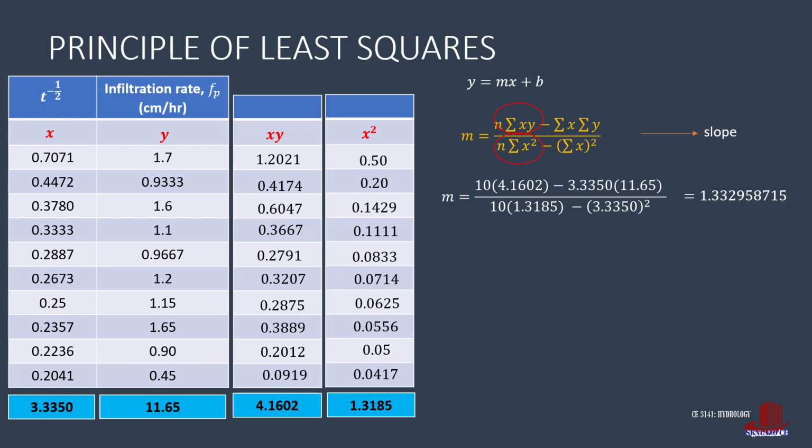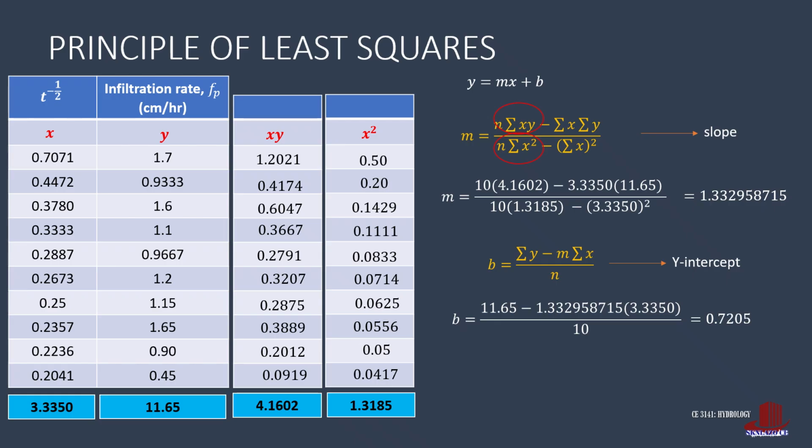We take the complete decimals for m for the moment, as we need this value for b. B is the y-intercept, computed as 11.65 minus m times 3.335 divided by n, which is 10. B is computed as 0.7205. Y is then 1.333x plus 0.7205.